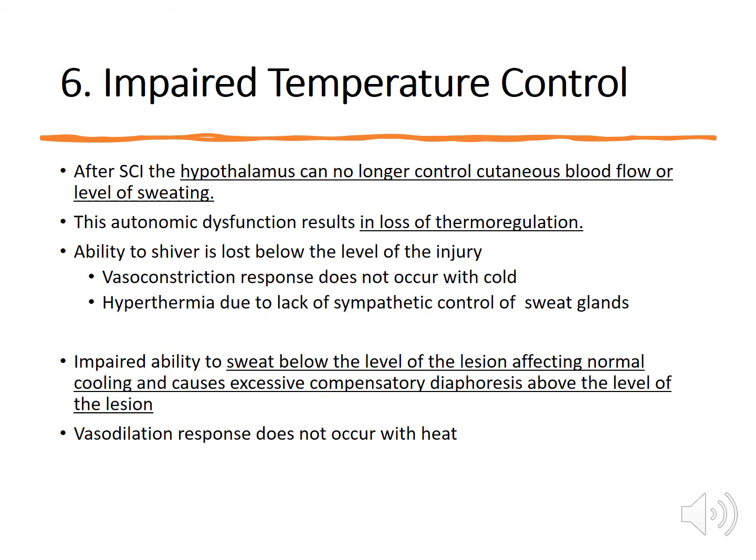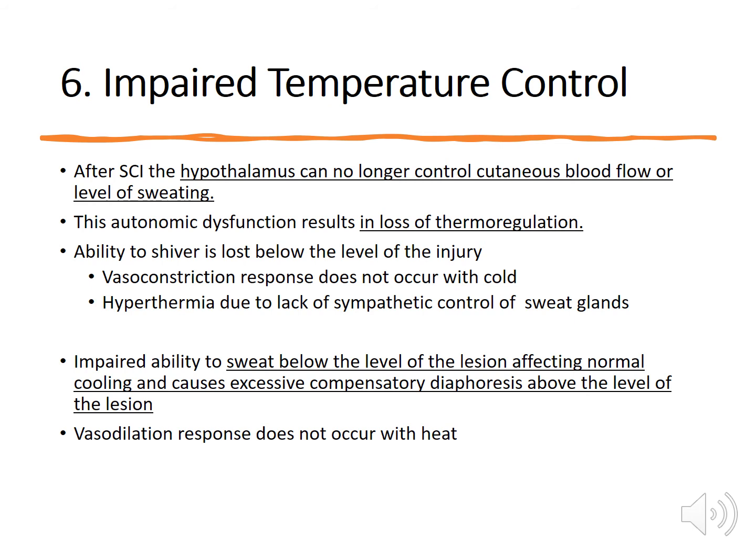Number 6 is going to be impaired temperature control. So after spinal cord injury, the hypothalamus can no longer control cutaneous blood flow or the level of sweating. This autonomic dysfunction is going to result in loss of the ability to regulate temperature, or thermal regulation.